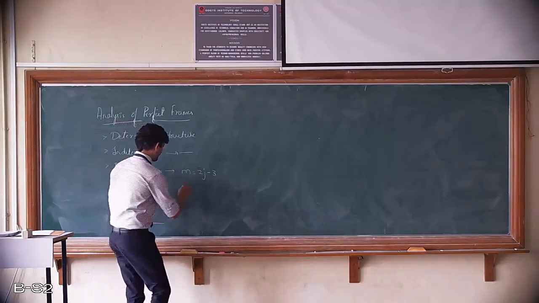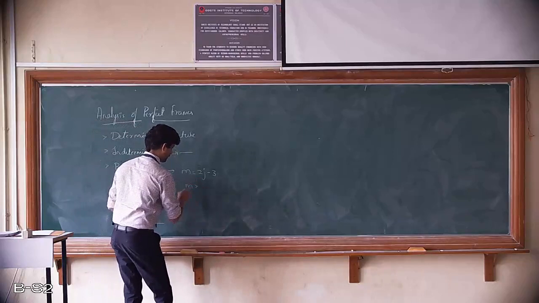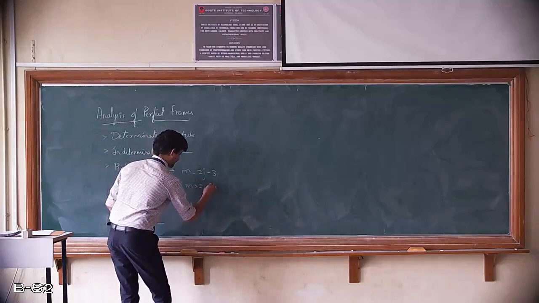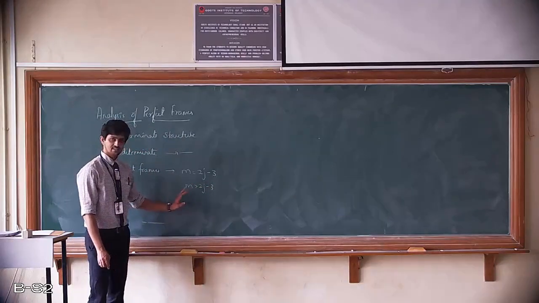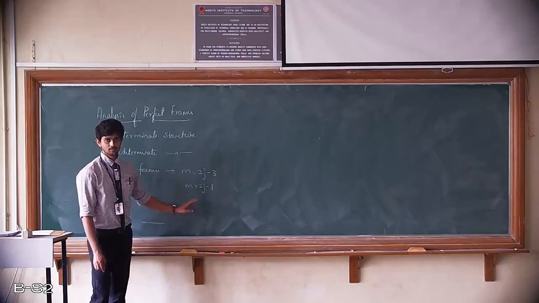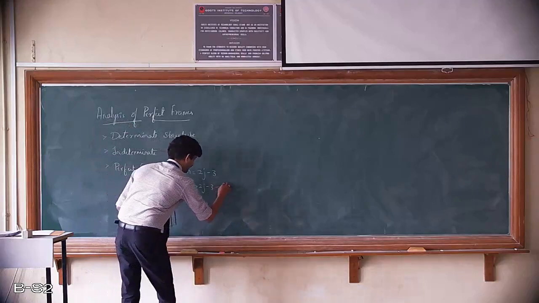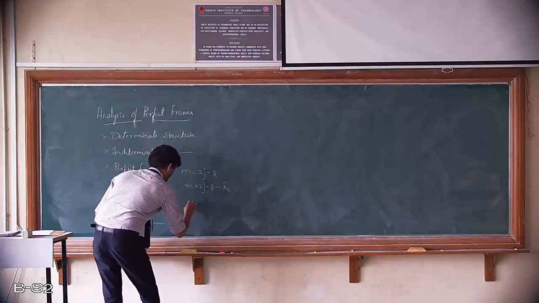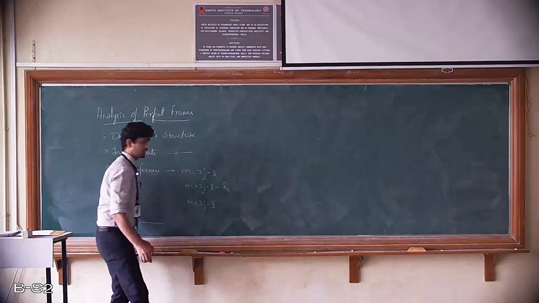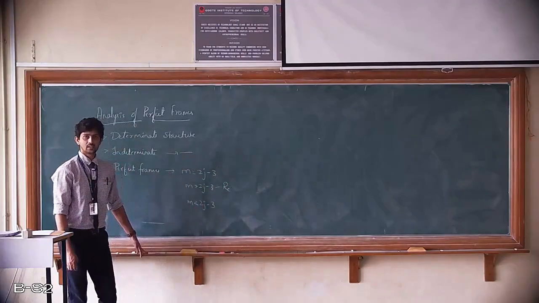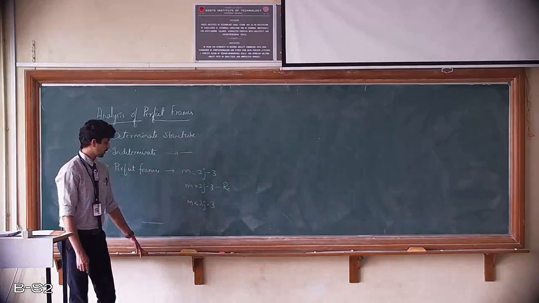Whereas if we have the number of members more than 2j minus 3, then it is stable but redundant. Whereas if it is less, then it is unstable, highly unstable, which leads to failure of that particular structure.